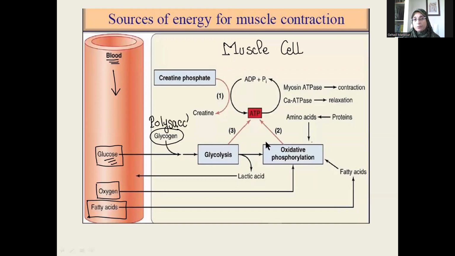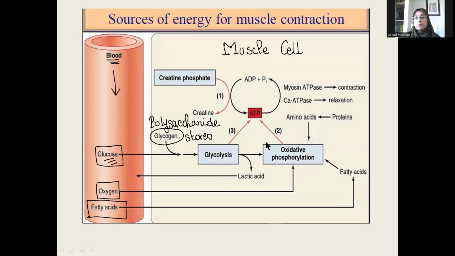Glycogen is stored inside the muscle cells and inside the liver cells. Glucose will pass from the blood to the inside of the muscle cell, or the sarcoplasm.